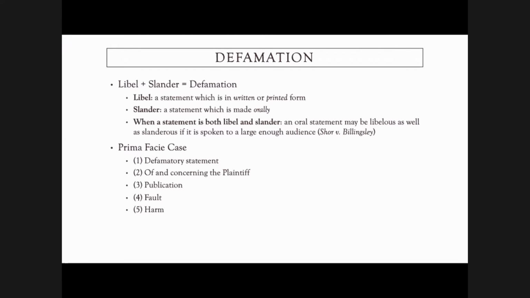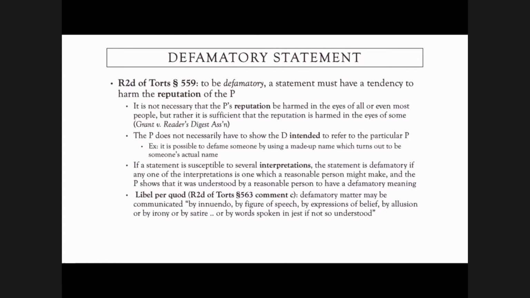Now I'm going to go through each of those elements and further define them. For a defamatory statement, you have Restatement Second of Torts, Section 559, which is on point. That section says, to be defamatory, a statement must have a tendency to harm the reputation of the plaintiff.